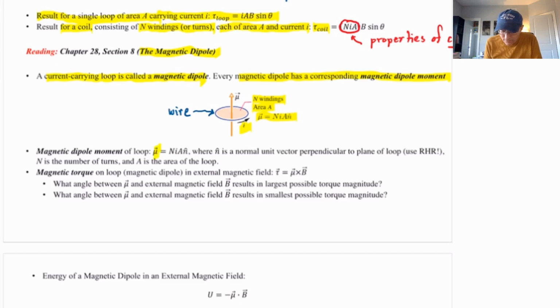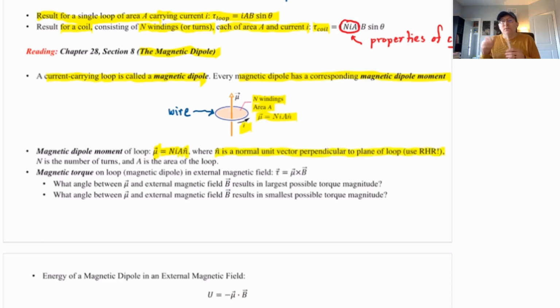Mu arrow. It's number of windings N, current in each winding, I, area inside, A, that's the magnitude, and then to get the direction, a normal unit vector, n hat, where n hat is normal, perpendicular to the plane of the loop, and using the modified right-hand rule.